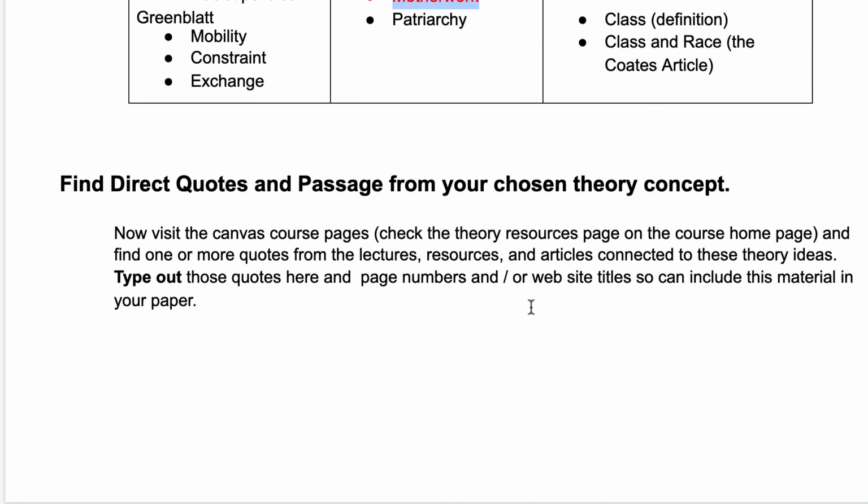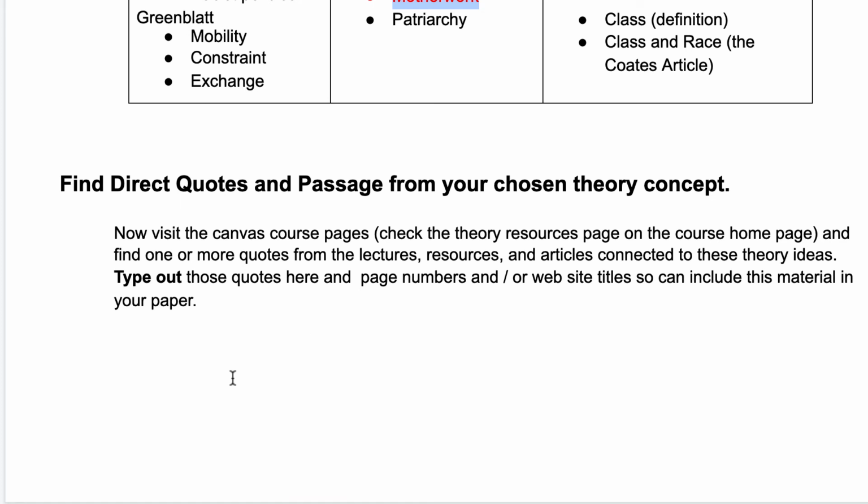So now you've got to go back and look at the web lecture or look at the article and find some quotes and passages, anything from a couple sentences to a couple paragraphs that you think you could use in your paper. And again, same thing here.